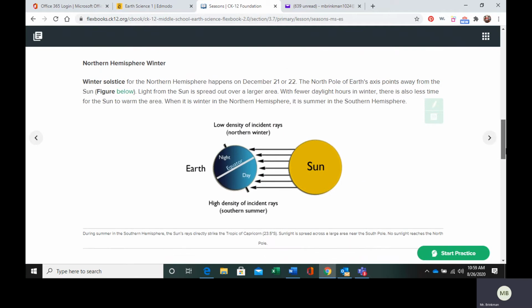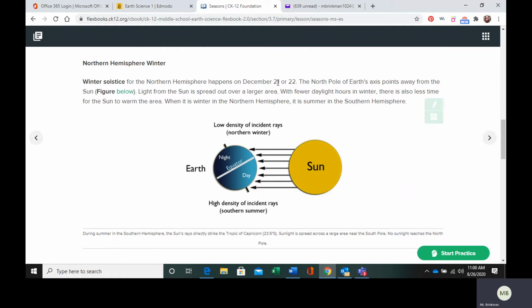All right. Now, when it's winter solstice for the northern hemisphere, it is going to be summer solstice in the southern hemisphere. All right. So winter solstice, northern hemisphere, is going to be December 21st or 22nd.